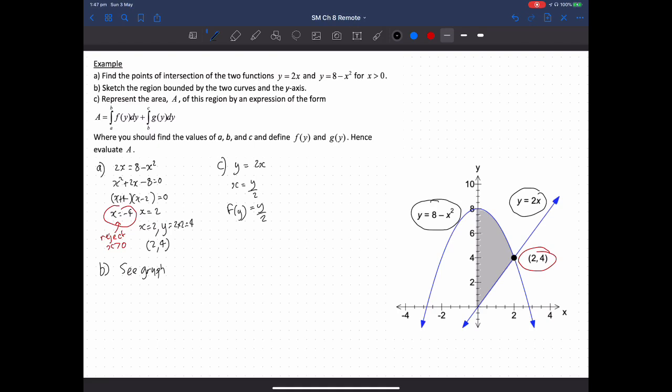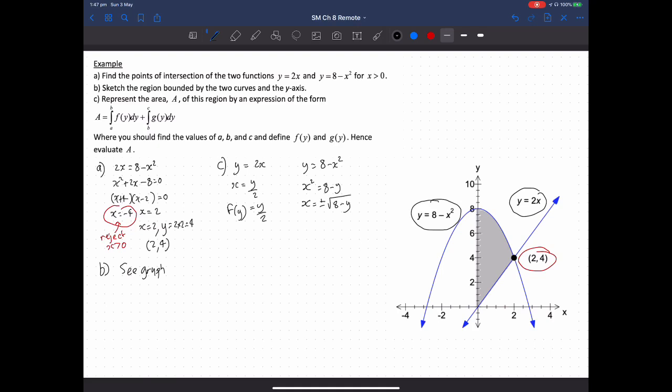The next thing I'm going to do, I've got y equals 8 minus x squared. I need to get this as a function of y. So, rearranging, I have x squared equals 8 minus y, which would give me x is equal to plus or minus the square root of 8 minus y. We are only going to be interested, though, in the positive half.